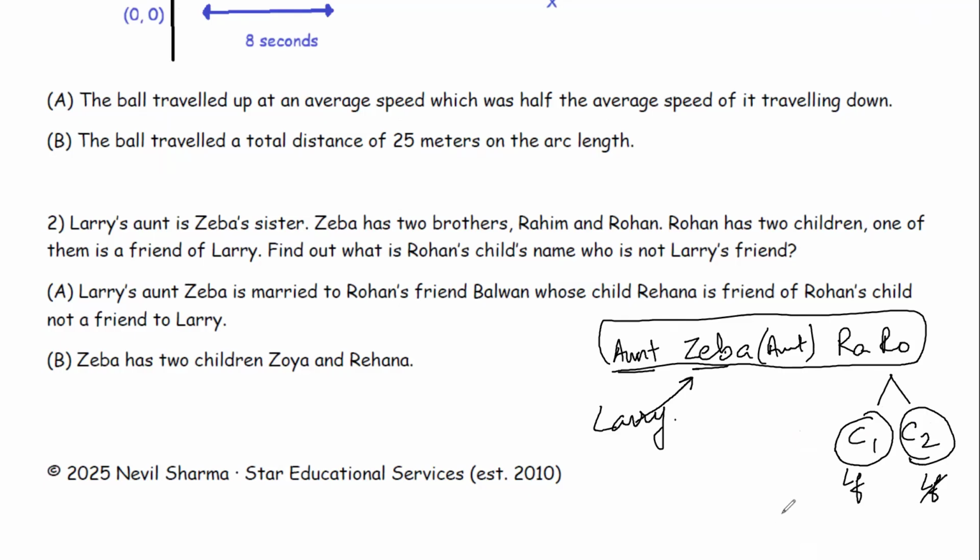So we need to figure out the name of C2. And don't get into the part of whether Larry is a child of Zeba, or a child of Rohan or Rahim. You don't get into that.